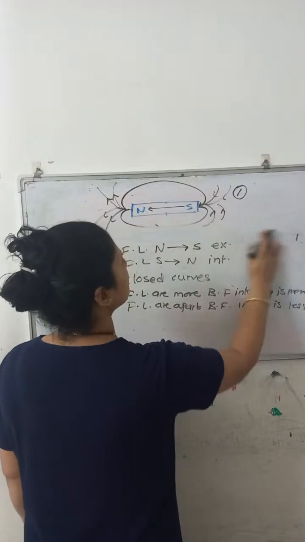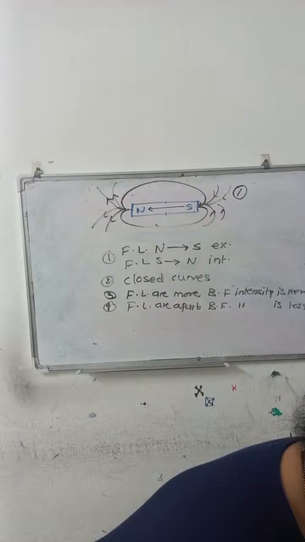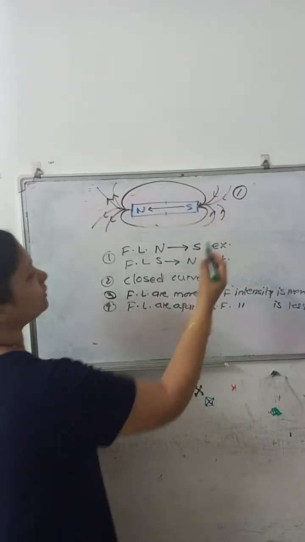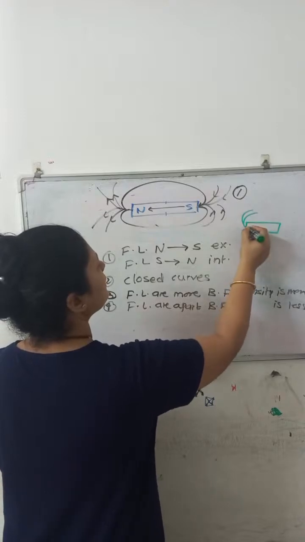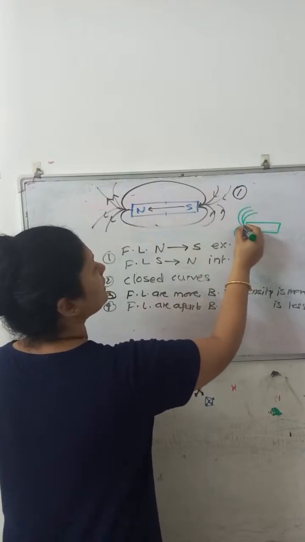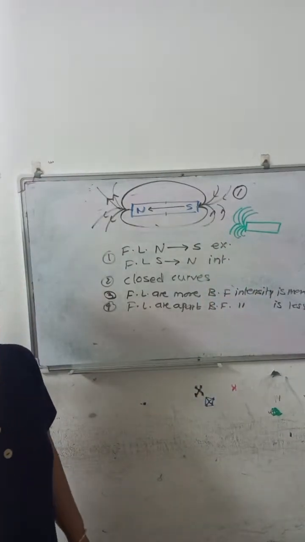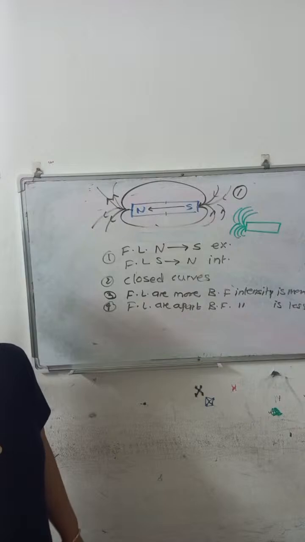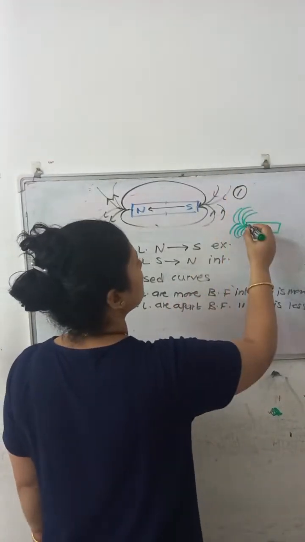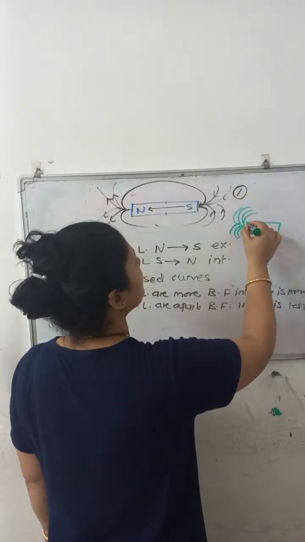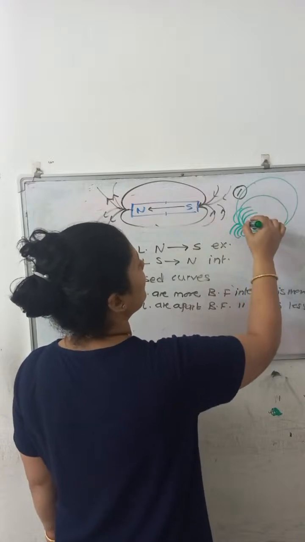See here, if I have the magnet over here, look at here. Suppose I have a magnet over here and field lines are very close to each other, very close. That means they are more crowded. More crowded means there is more magnetic field, or the intensity is what? Greater in that area. But as we are going away from the magnet, then these lines have a space in between two magnetic field lines.